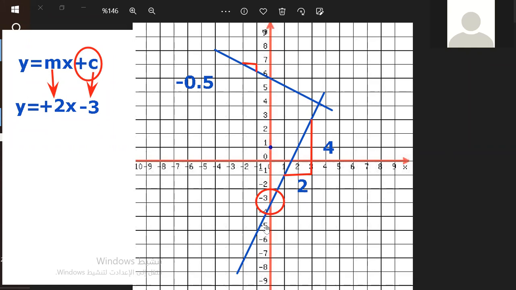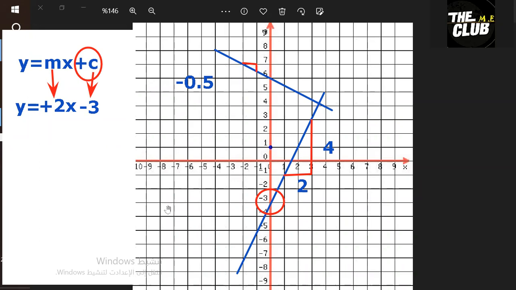But in this case the line is already plotted, and they will ask you for the equation. For other questions you can plot points, no problem. Find 2 points and match them. Yeah, that's what I'm saying.